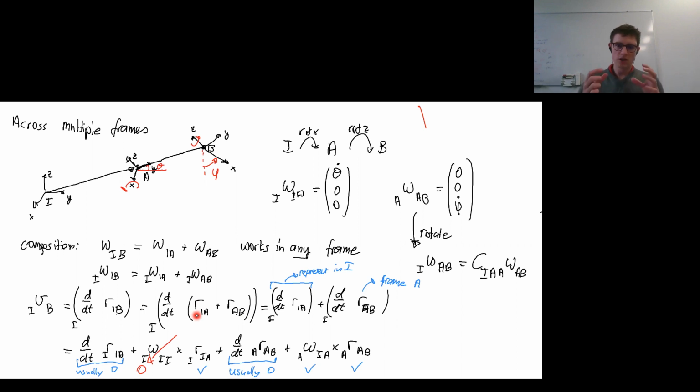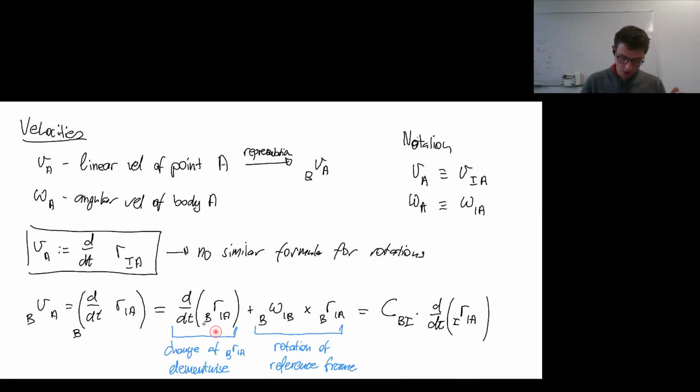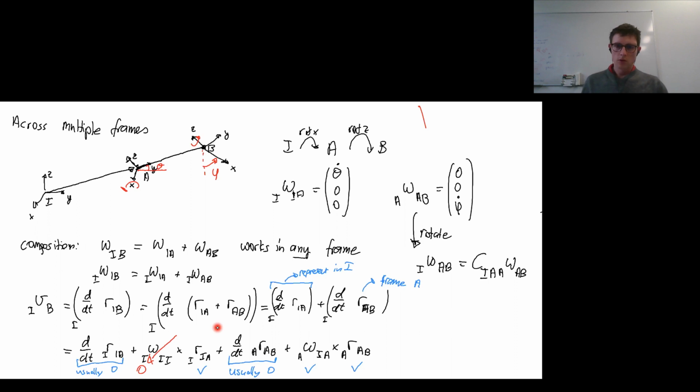But the principle that every one of those components has those 2 contributions, one from the direct time derivative, like this one here, and one from the angular velocity of the frame, this one here, is always the same. And for almost all cases, the first part will be 0 because your link lengths don't change over time. All right, that's it. Good luck with the exercise.